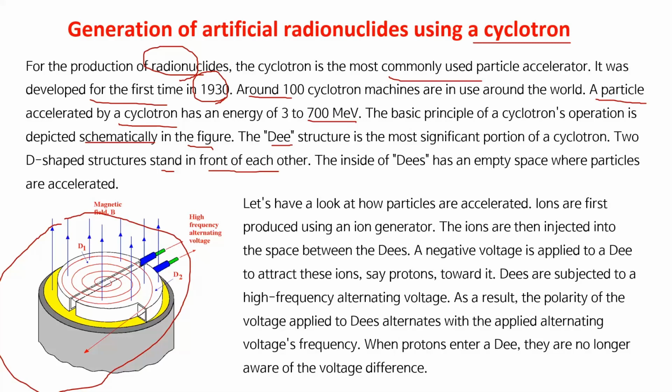The inside of these has an empty space where particles are accelerated. So inside these, the vacuum is maintained. So here we have two Ds which face each other. Between the two Ds there is some gap.